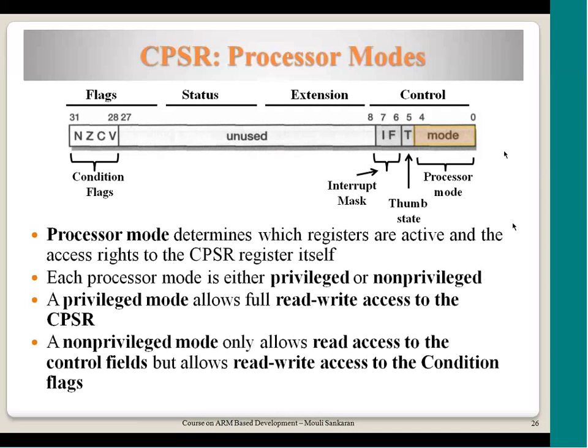Whereas in the non-privileged mode, the user has only read access to the control bits. It can know the current mode, whether the interrupts are masked or not, and what flags are set by the processor. But in the non-privileged mode, you cannot modify any of the bits in the CPSR. Okay.